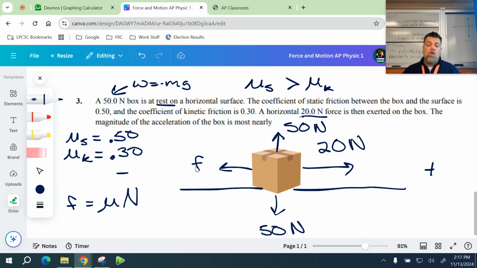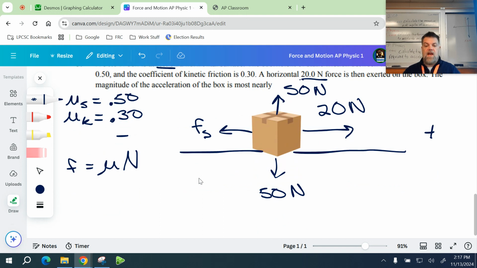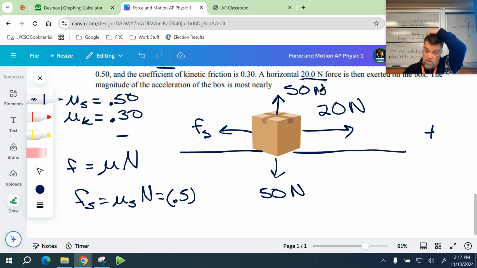So we can calculate the amount of force required to move the box. We need to figure out the static friction force. So how do I do that? Well, the static friction force will be the coefficient of static friction times the normal force, which would be 0.5 times the normal force, which is funny.